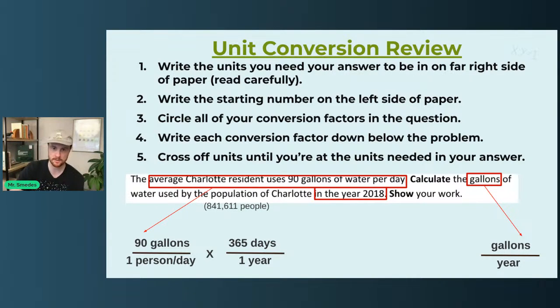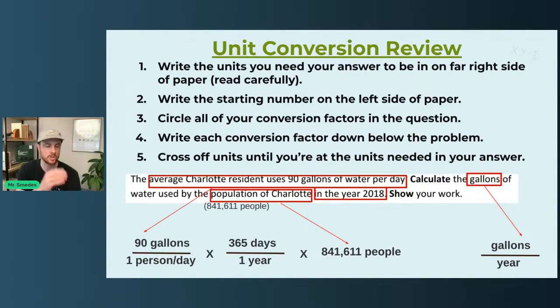So in effect, we're going to multiply by the ratio of how many people to one Charlotte population, or just the number of people in Charlotte, which is 841,611. And that's going to give us an answer of 2.76 times 10 to the 10th, or what is that, like 27 billion, 600 million, something like that. 27, I think that's right. 2.76 times 10 to the 10th.